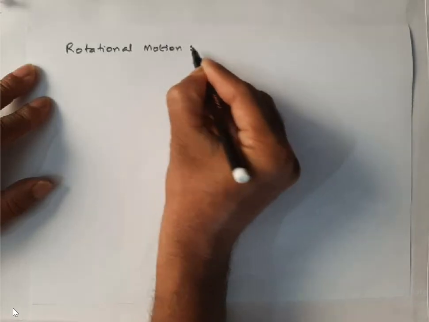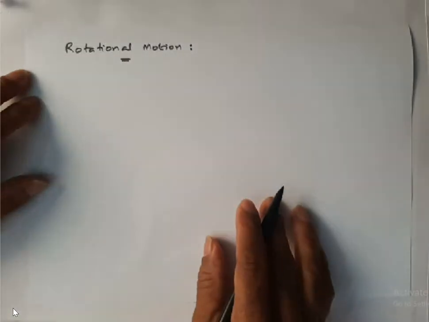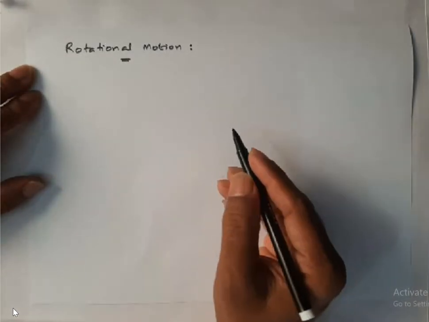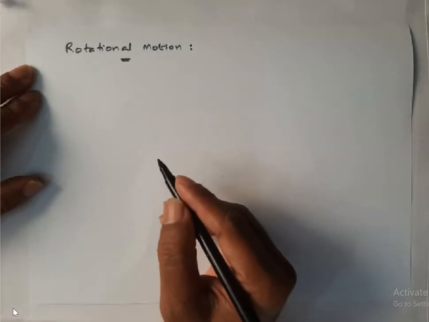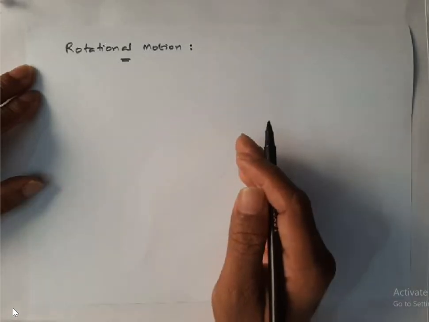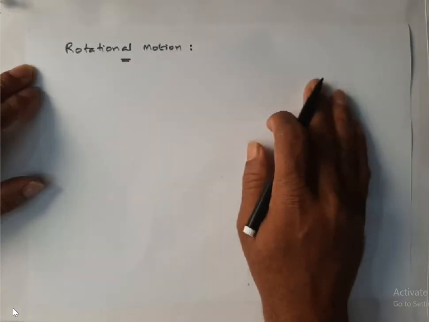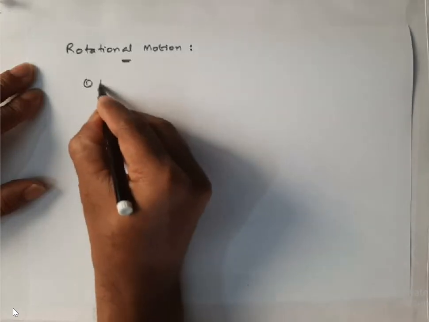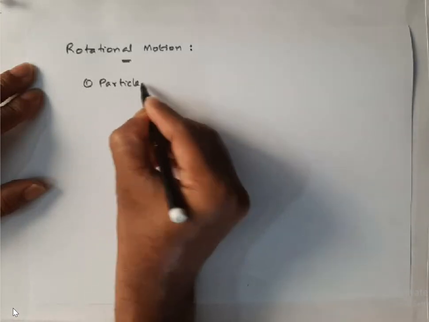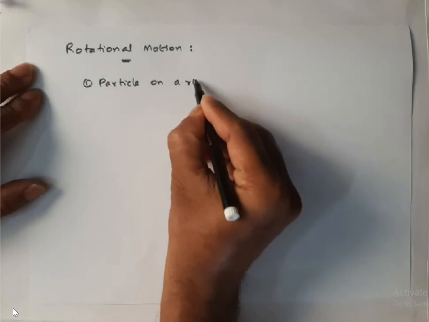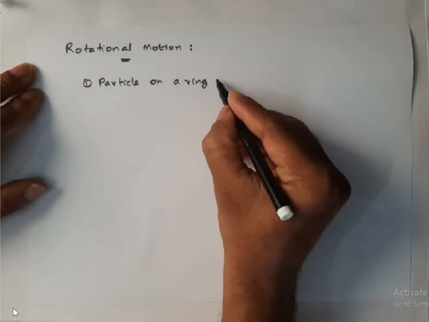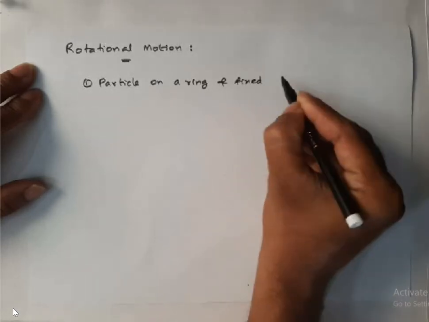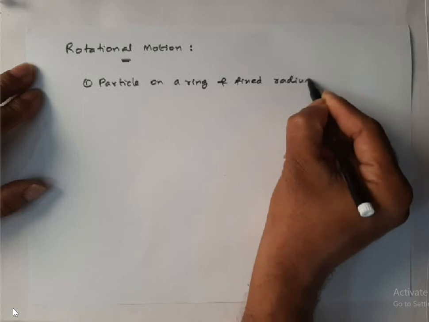Rotational motion. In rotational motion, let me start with the particle on a ring system, then we'll discuss particle on a sphere, then I'll discuss rigid rotor. So under rotational motion I'm going to discuss particle on a ring with a constant radius, particle on a ring of fixed radius r.